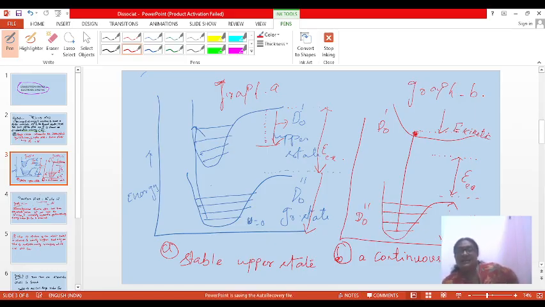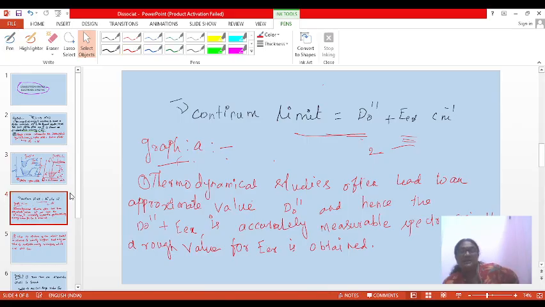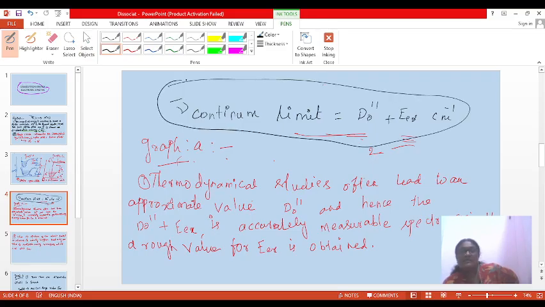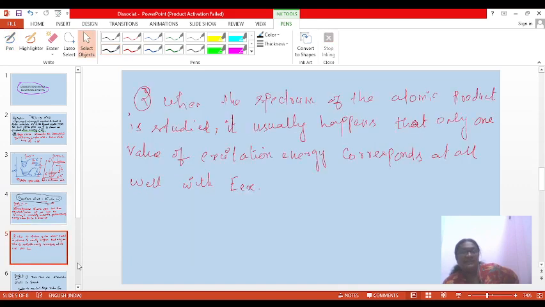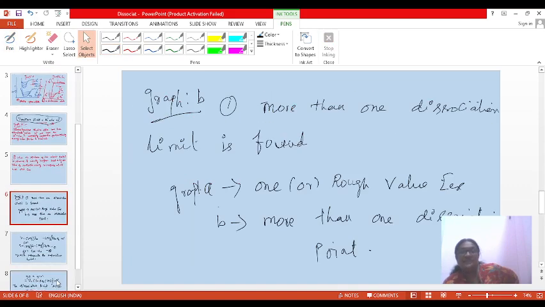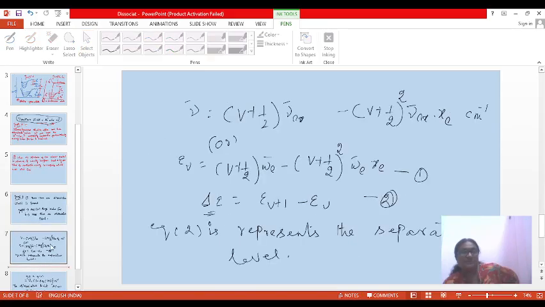This is whether one or more limited dissociation points are there in this curve. See here, this continuum equation is important. Finally, for graph A we calculate only one rough value of the point, but for B we will get more than one dissociation point.